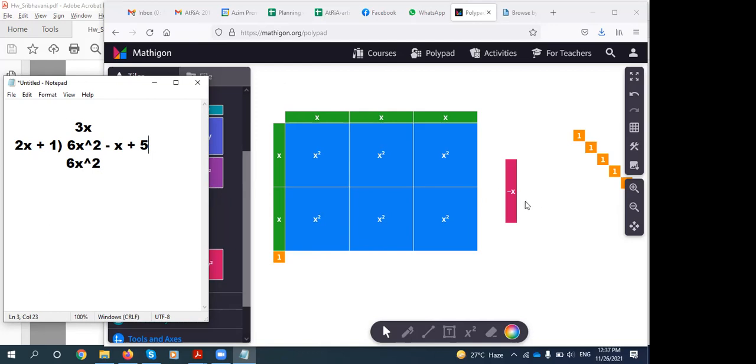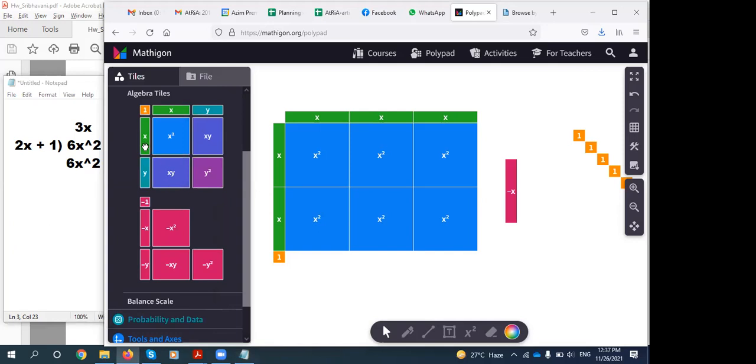But we have only a -x. So what do we do? This is a question to you. We need 3x here. All we have is a -x. So 4 minus 6, we bring in 0 pairs. So here is 1 zero pair, and then we are going to replicate them.